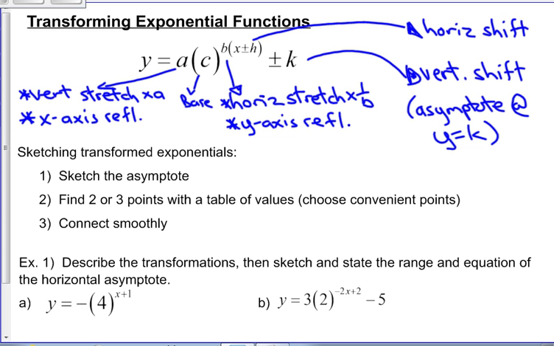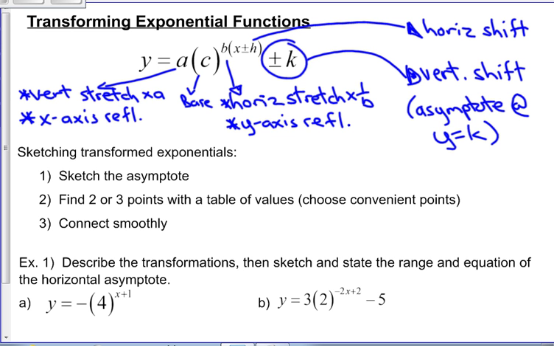When we sketch transformed exponentials, first of all, some of these parameters up here, the a, b, h, and k, some of them are redundant. So we don't really need that many to define any exponential graph. We can talk about all the transformations in a given graph, but the easiest way to go about sketching them is to sketch the asymptote, which is going to come from this k value, your vertical shift.